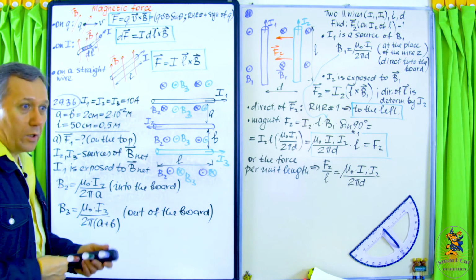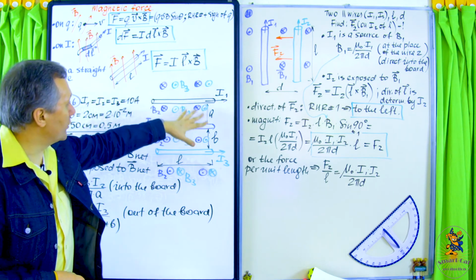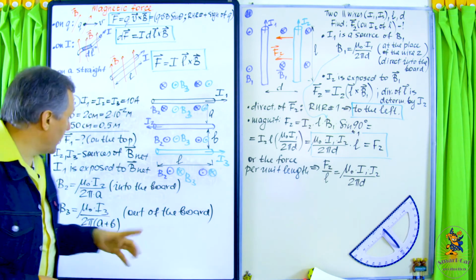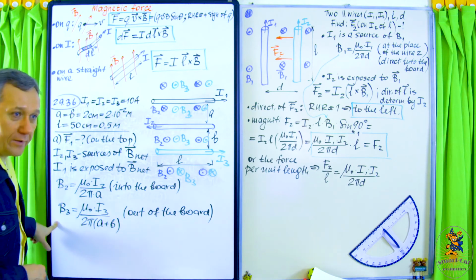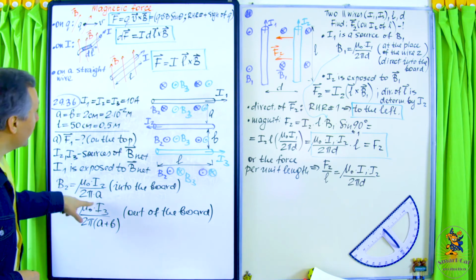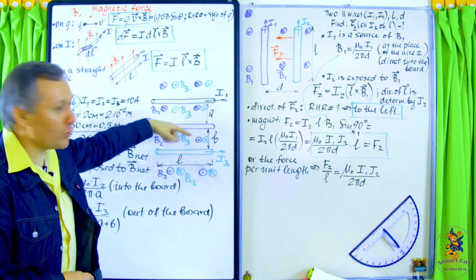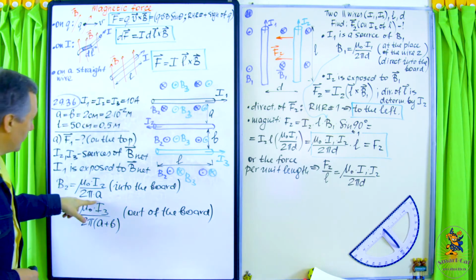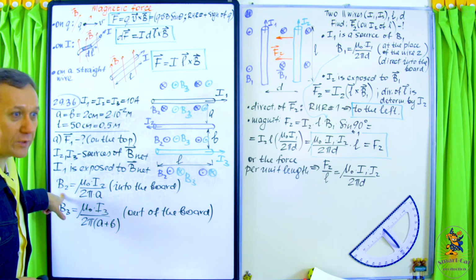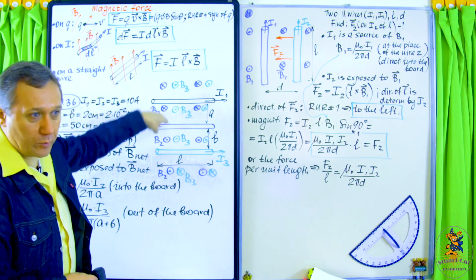Okay, and for this formula we need B net, of course, the superposition of two fields at the place of wire I1. Which one is actually stronger, B2 or B3? Of course, B2. Why? If the source is closer to the point, the field is stronger. A is smaller than A plus B, so B2 is larger. So the net field will be along the direction of B2, into the board.